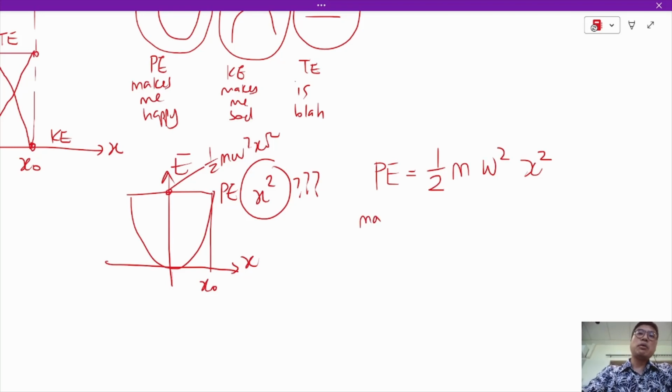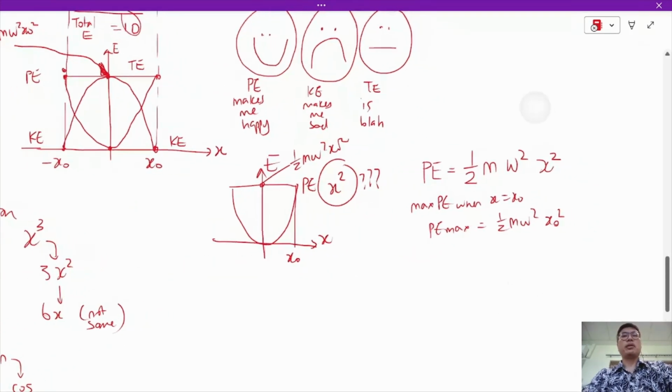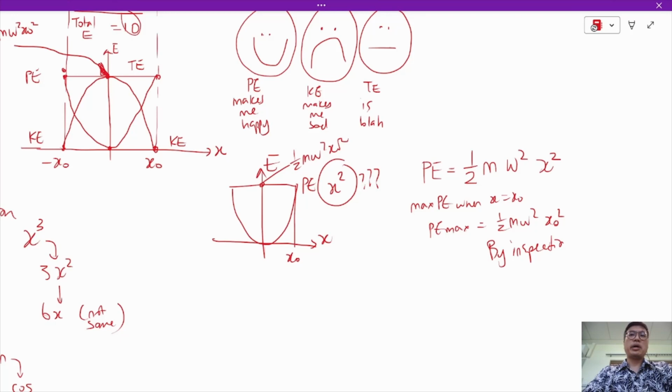And the maximum potential energy when x equals x naught will be PE max equals half m omega squared x naught squared. So now we have the potential energy graph just by inspection. By inspection, we can see that the potential energy graph is an x squared graph.